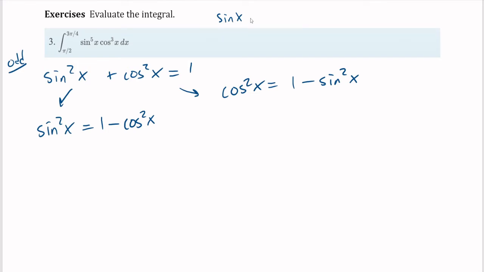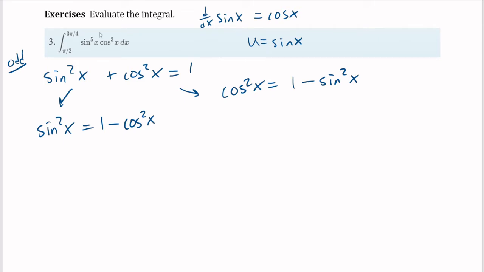The derivative of sine is cosine. So maybe you think, wait a minute, maybe u is sine, because then there'll be a cosine and I get to gobble that up with the du. So yeah, maybe that makes sense.